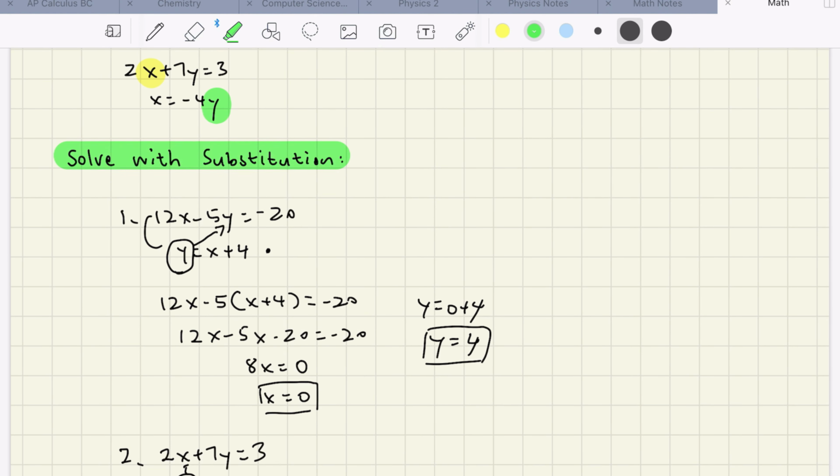Again, for the substitution method, you first have to look at what one variable equals, what y equals or what x equals, and plug that into one of the equations and solve for one of the variables, then plug that back in and solve for the other one.